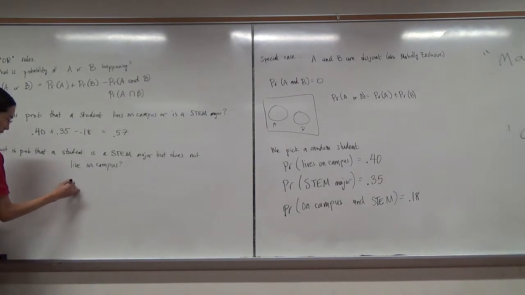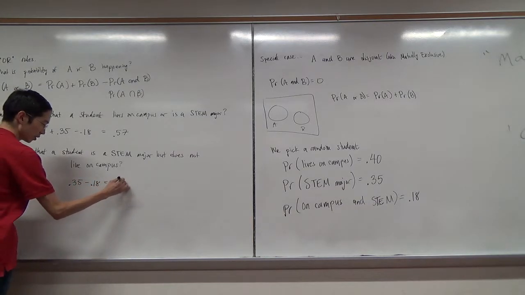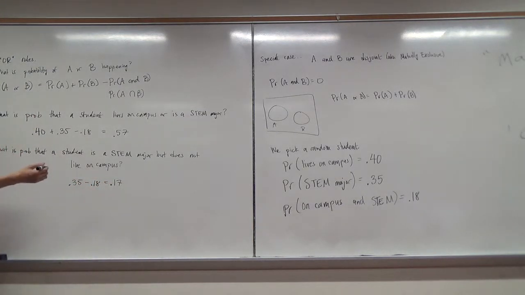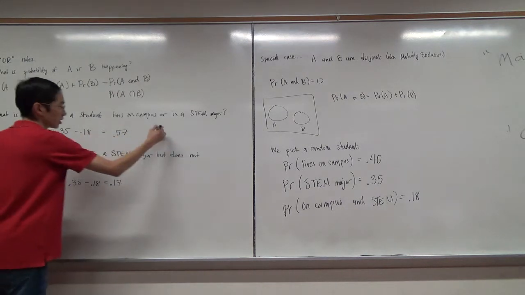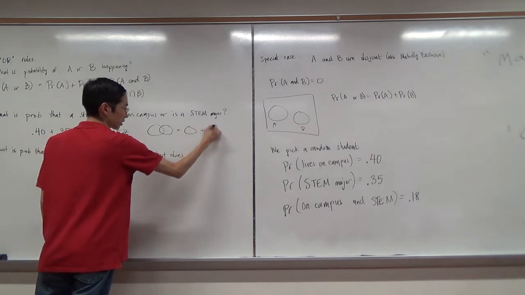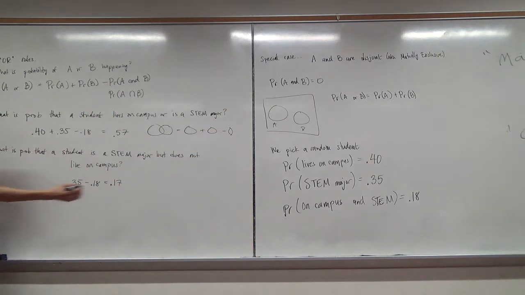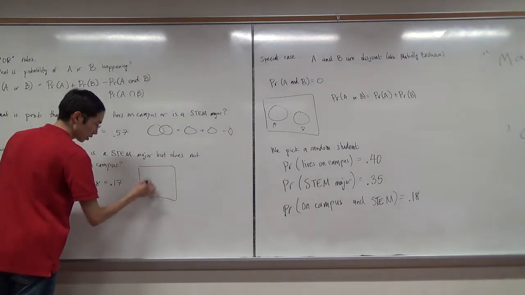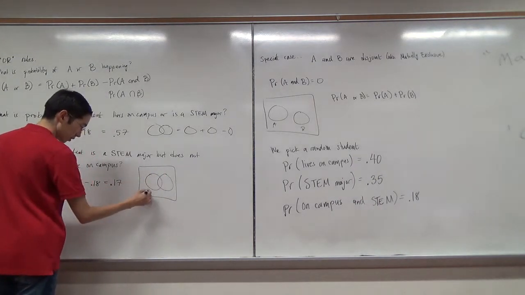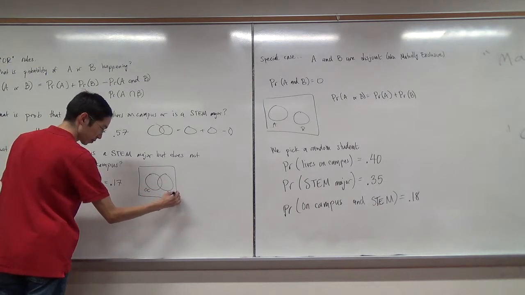So this would be 0.35 minus 0.18, 0.17, right? So if we were to draw pictures here, this is what we're going for: we do this plus this minus this. Over here, this is on campus, and this would be STEM.